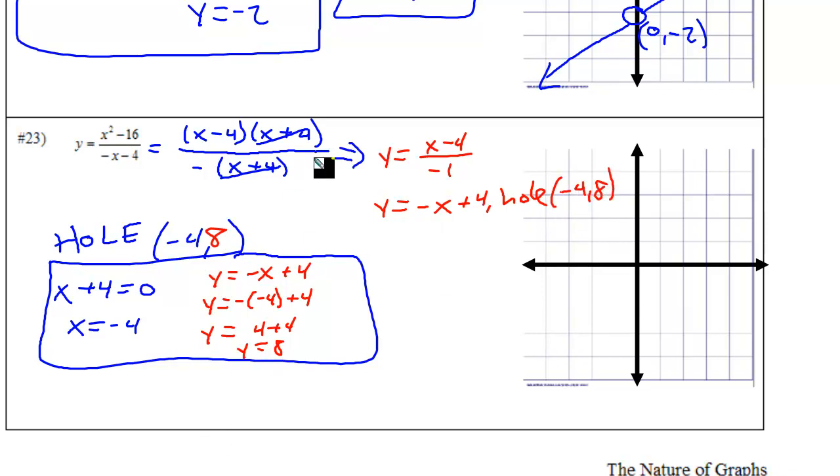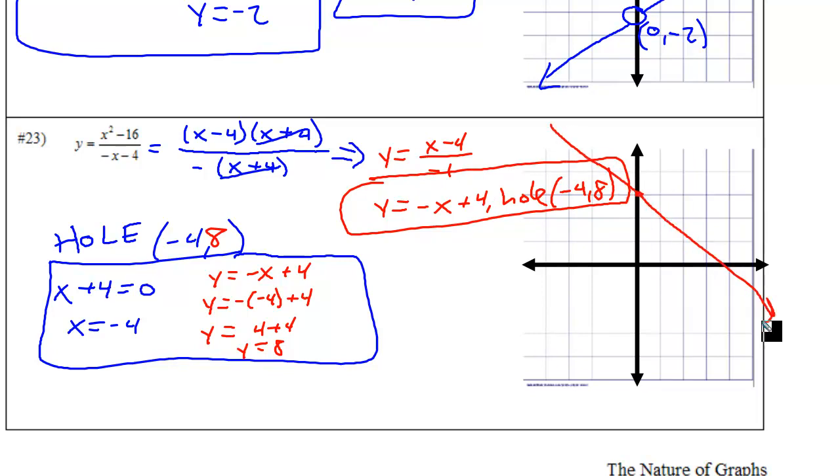Graph it. It's a linear equation. The y-intercept is at 4. The slope is -1. So it looks like this. It's just a line. Nothing more, nothing less. We have a hole at (-4, 8). Let's say that that's right here.